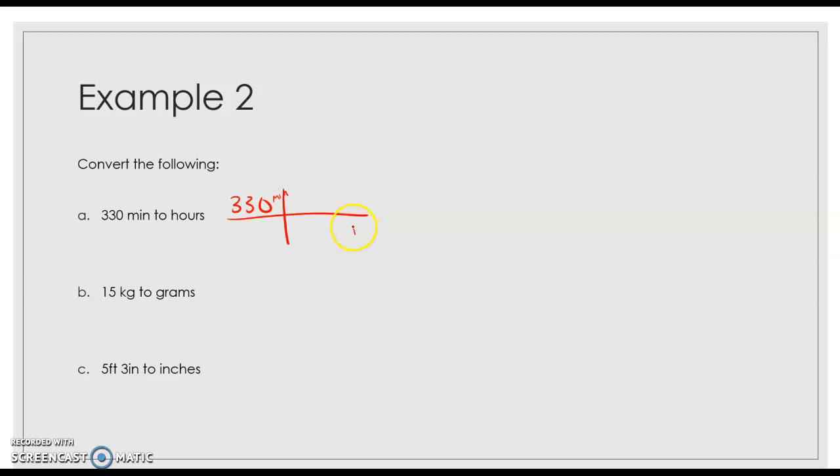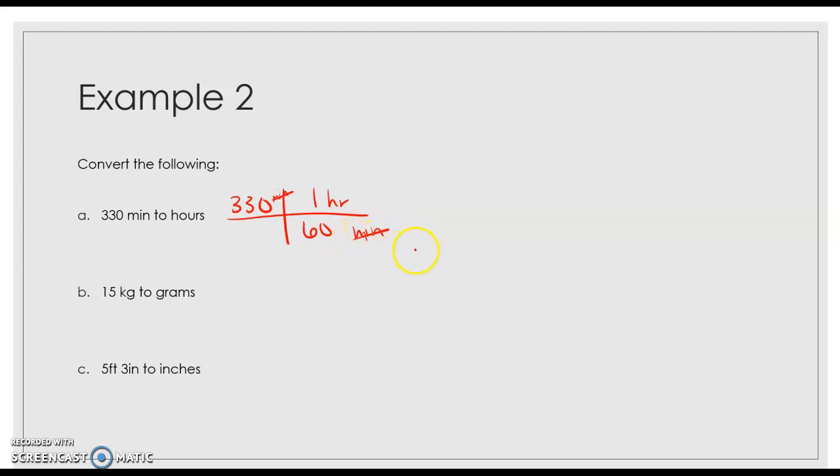I want to make sure minutes is in the catty-cornered box, right? Minutes on top, minutes on bottom, so that our units will cancel out. And I know that 1 hour is 60 minutes. So I'm going to put my hours on top, my minutes on bottom. And so what happens is my minutes, the units, will cancel out.